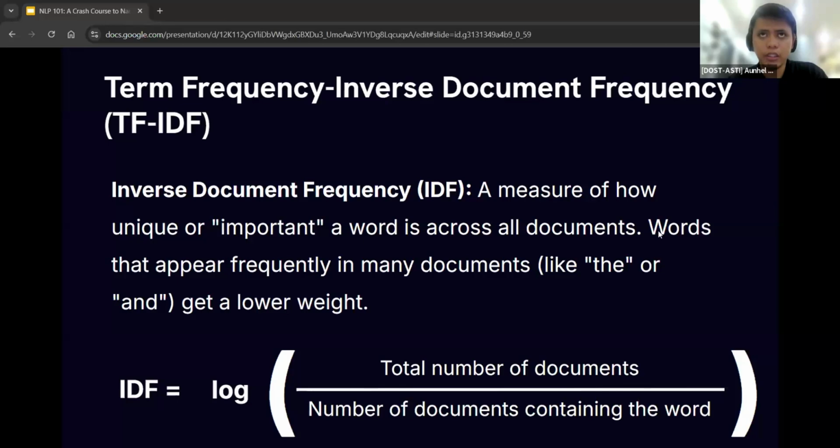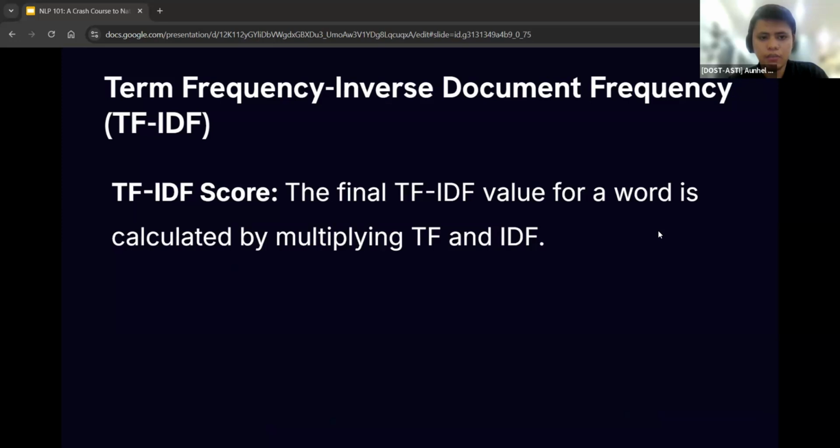How many documents contain, let's say, the word "cat" or "the" or "and". So we just take the logarithm of the ratio of the total number of documents over the number of documents containing the word. Then the final TF-IDF score for a certain word is calculated by multiplying TF and IDF. So basically, multiplication. This is repeated for all the words.